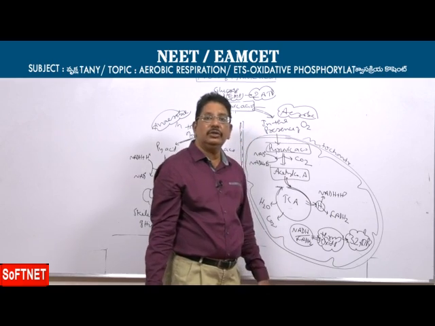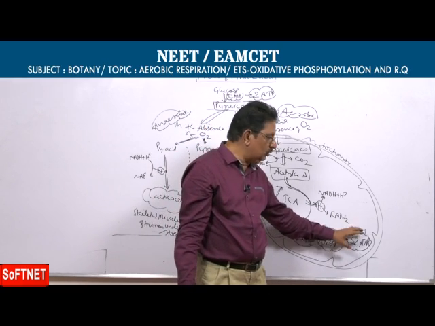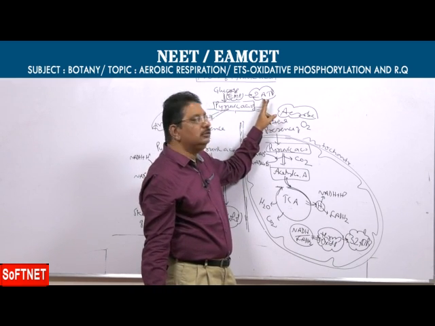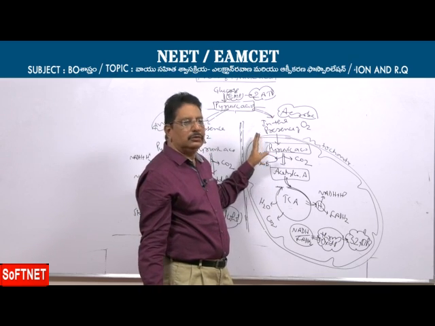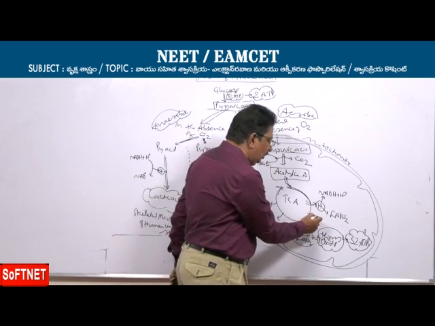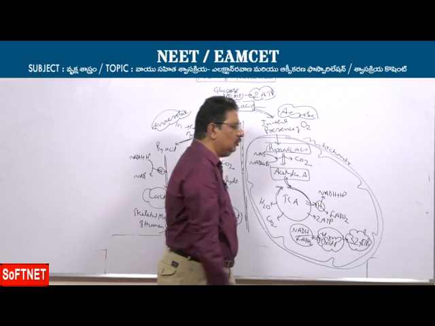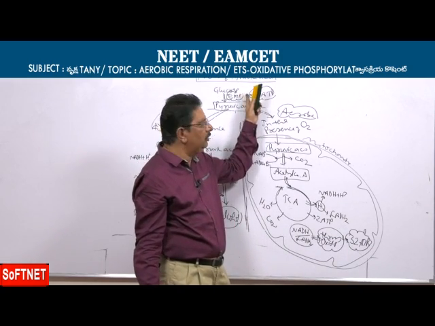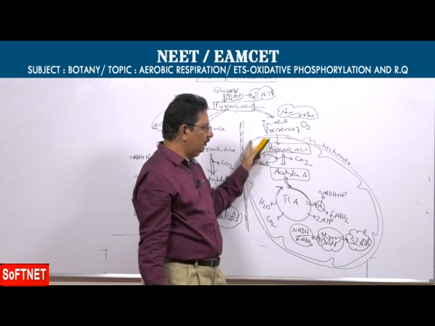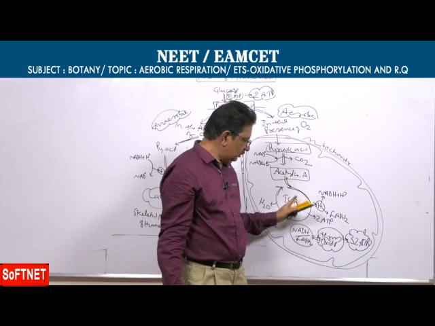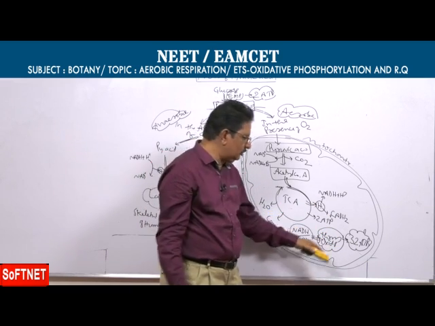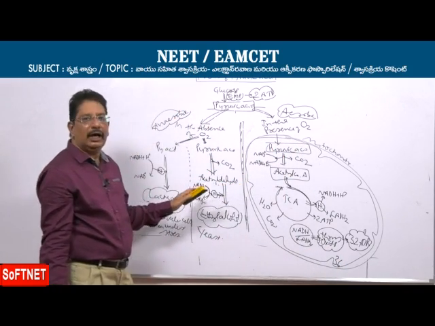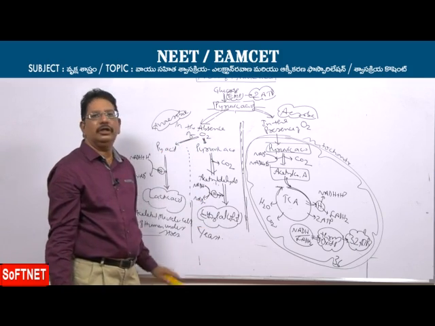So, 32 ATP are generated in mitochondria, 2 ATP are generated in glycolysis, and 2 more ATP generated in mitochondria through TCA cycle. So, altogether from one glucose molecule, if oxygen is there, the pyruvic acid is finally decarboxylated and oxidized, yielding 36 ATP. So, the fate of pyruvic acid depends on availability of oxygen.